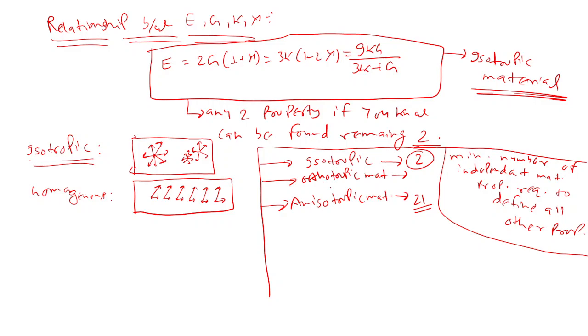And orthotropic materials are the materials in which, let's suppose this is the material and this is a point inside the material. Any perpendicular directions, this or this, and this direction also, or we rotate to any other perpendicular direction.